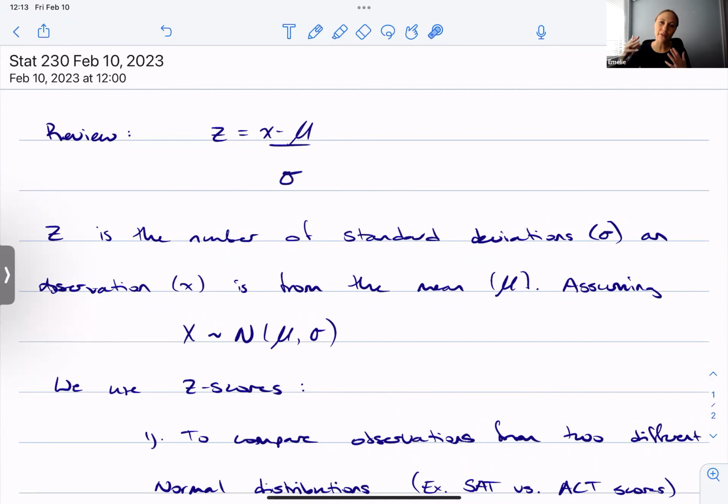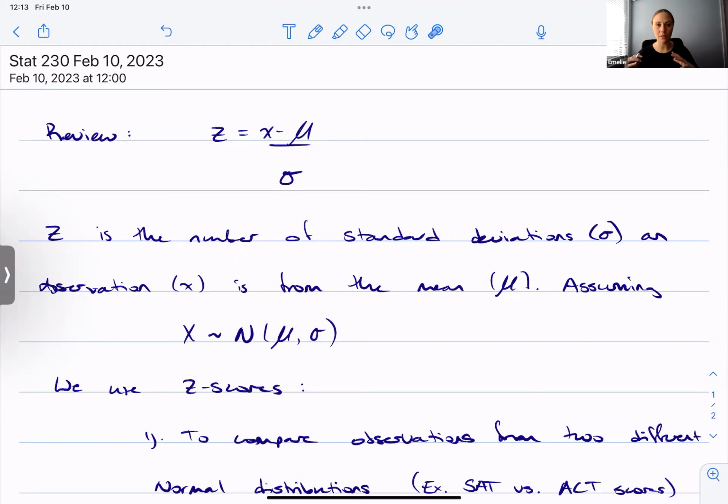Now, there are other standardizations that you could do using the median, but we're not going to do those. That's beyond us. And when we standardize, standardizing is really just finding the number of standard deviations from the mean something is.